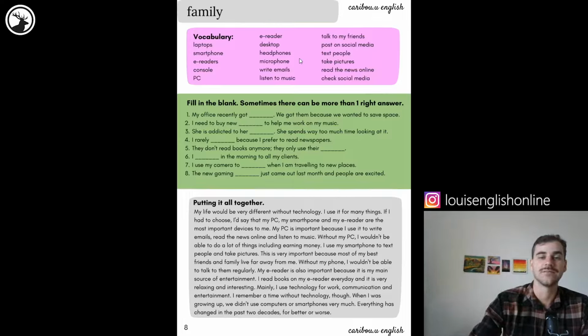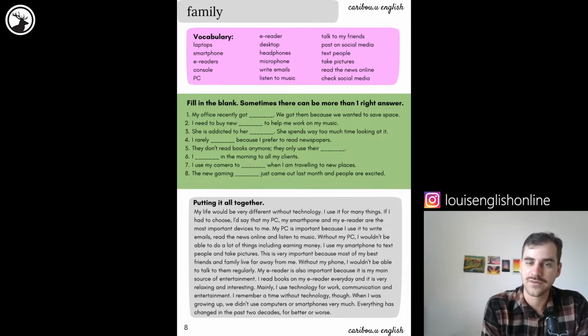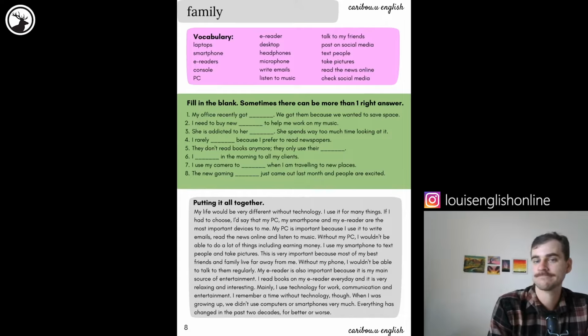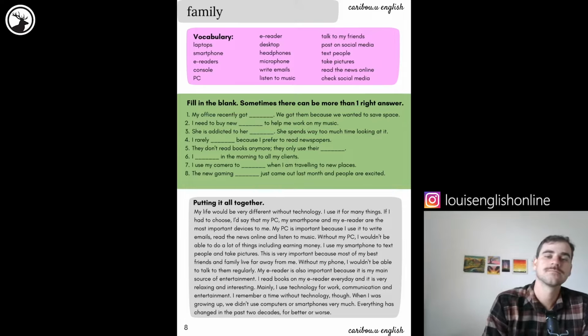Number 2 is headphones. Number 3, she is addicted to her ___. She spends way too much time looking at it. So number 3 is smartphone.